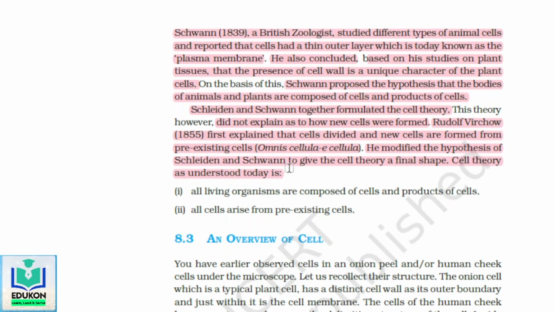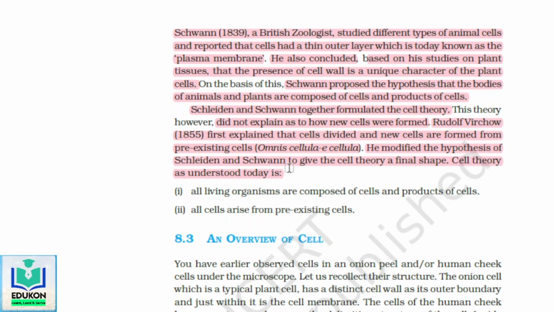Schleiden and Schwann, but it doesn't explain how the new cells are being formed. So Rudolf Virchow in 1855 explained that cells divide and the new cells are formed from the pre-existing cells. And remember this line also, omnis cellula e cellula. He modified the hypothesis of Schleiden and Schwann to give the cell theory a final shape.